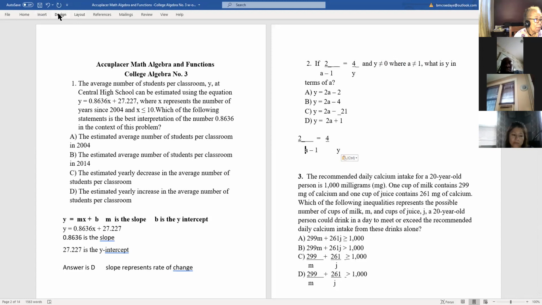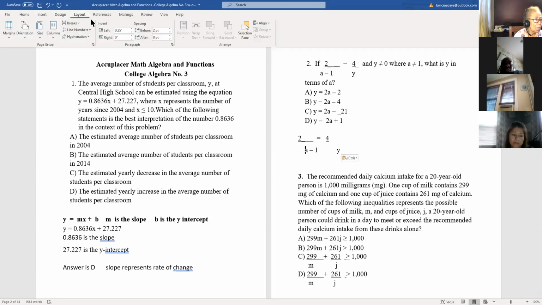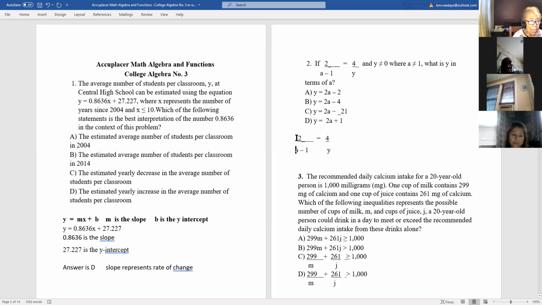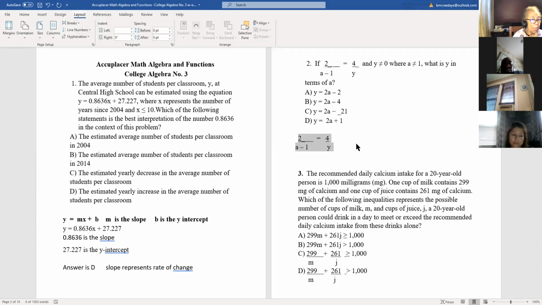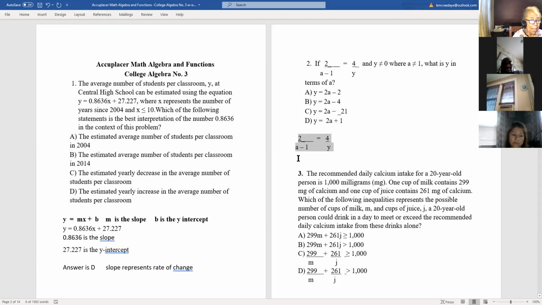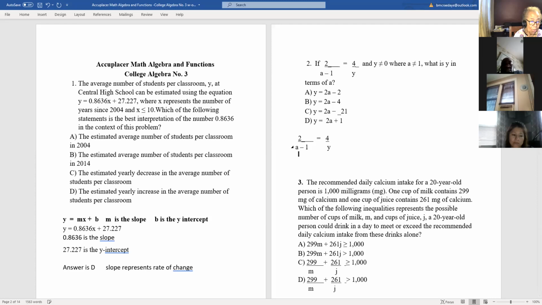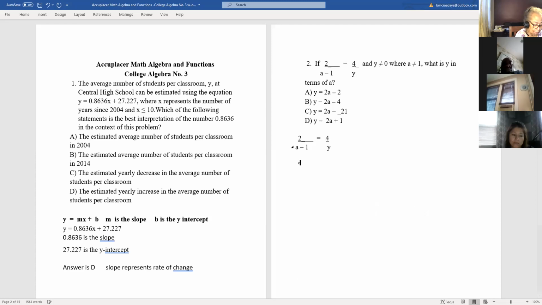Let's see if I can move that over. You're going to cross multiply? Yes, very good, Latoya. You're going to cross multiply. Tell me what you get when we cross multiply.